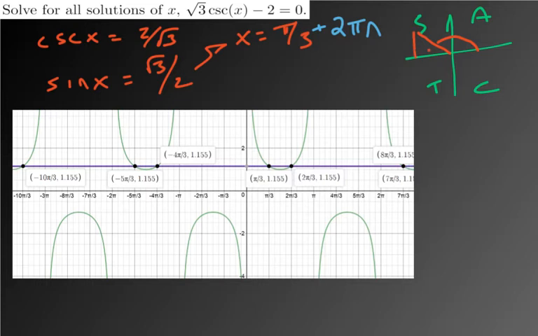This in here is pi over 3, but this is the angle that would be the one in the second quadrant, and that angle is 2 pi over 3, just 120 degrees. And again, don't forget that you need multiples of 2 pi, because you could get to that and then go around and around again.